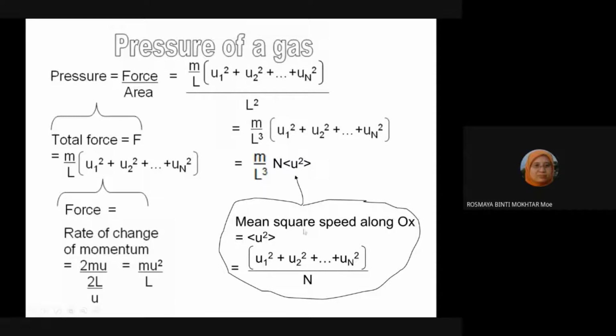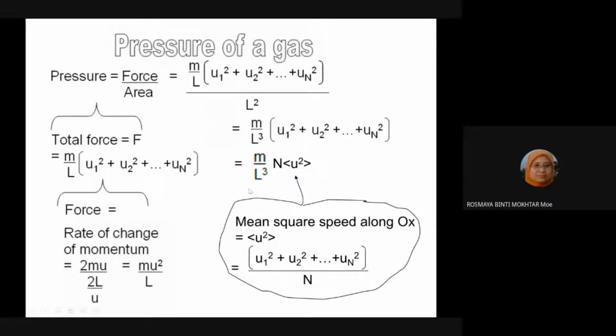The mean means all the square speeds for u1, u2, dot dot dot un, divided by the total number of molecules. So we get the mean. Then we cross multiply here and substitute into here. This may be new to you all, the mean square speed.